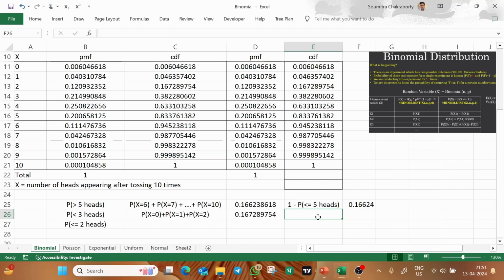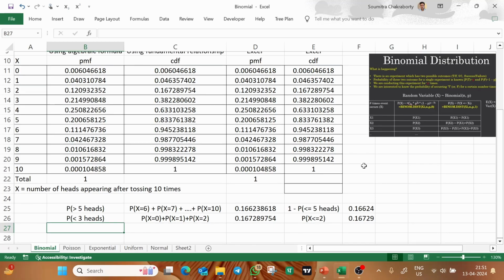You can also write this as probability x less than or equal to 2. This and this are equal. And what is the value for this? This one. So see, again these two are matching. So in this way you will calculate different probabilities.